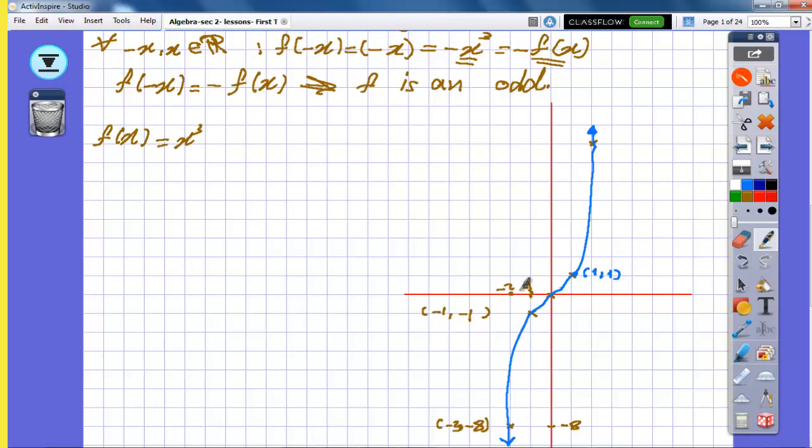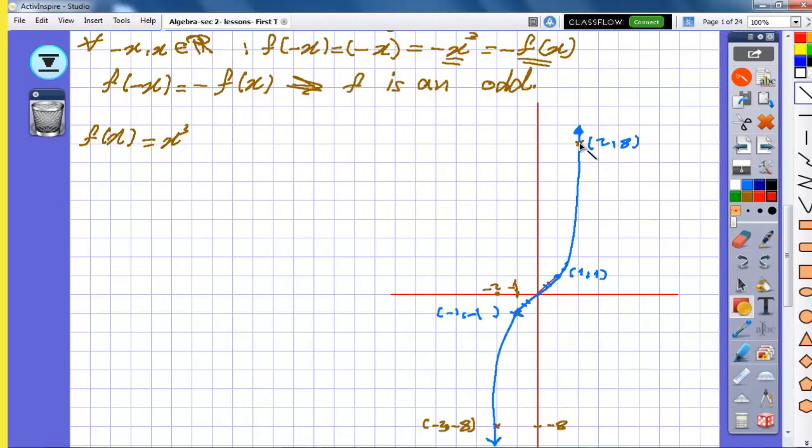And notice that negative 1 and negative 1 is the image of the point 1 and 1 by reflection on the origin point 0. And also the distance between the point 2 and 8 equals the distance between negative 2 and negative 8, like this, passing through the origin point.